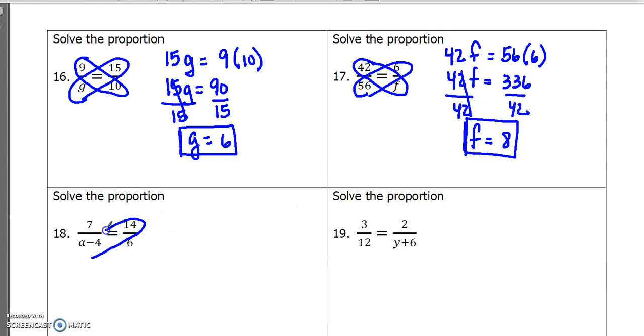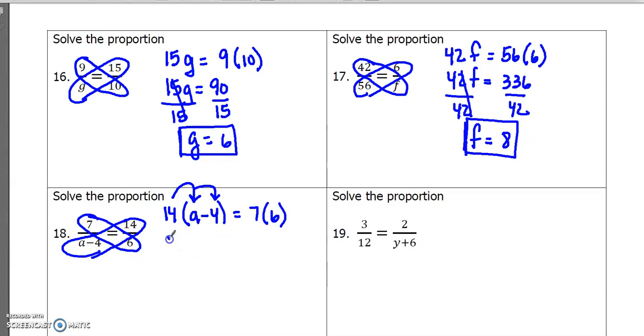Next one, cross multiply. So I'm going to have 14 times a minus 4. And then 7 times 6. So on this one, I actually have to distribute the 14 because I have more than one term inside the parentheses.